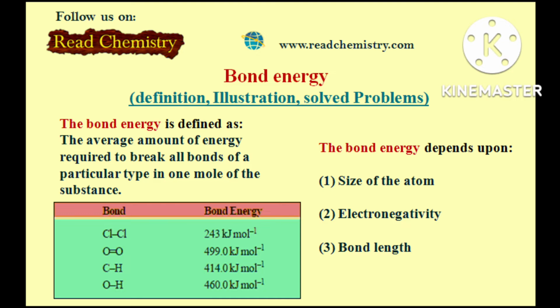Write a small g in brackets: C gas plus 4H gas. That time it will require 1665 kilojoule per mole. I already told you this in the case of atomization, but now here it is different.